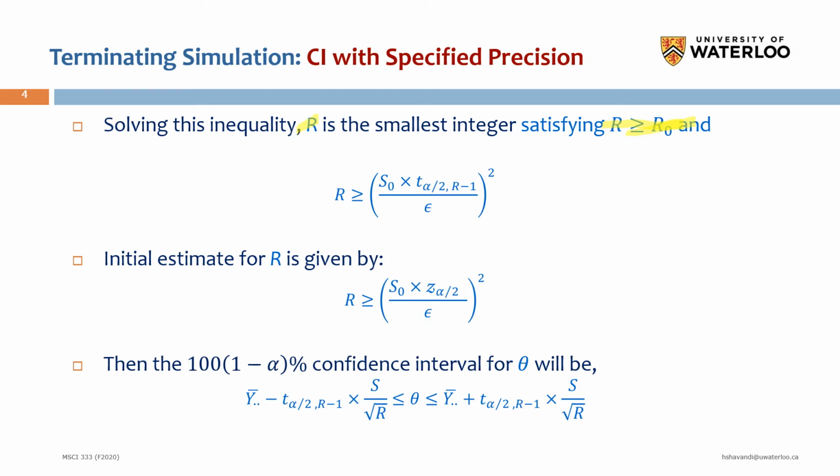But if R is greater than R0, we will increase the number of replications from R0 to R. Okay, so R will be obtained by this inequality, and we can transform this equation in order to have an initial estimation for R. As you see here, we have replaced the t distribution by z half alpha. Okay, and after that we can form our confidence interval as well.